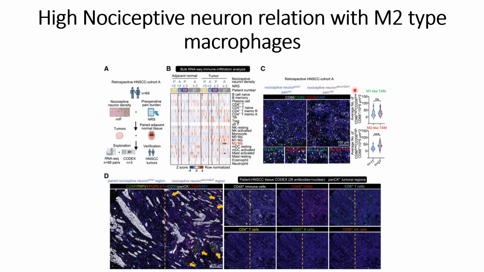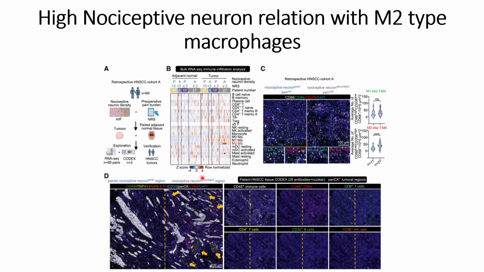And they quantified these on the right hand side of panel B, where we do not see significant changes for M1 like tumor associated macrophages, but they see changes for M2 like tumor associated macrophages, which is significantly higher for the case where nociceptive neurons are abundant and pain is also high.